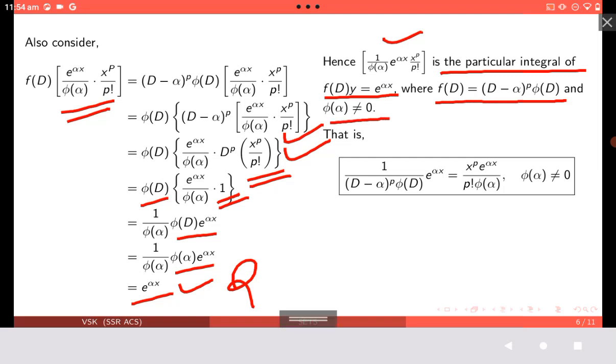That is, we can take this as a formula: if f(D) is written like this, 1 upon (D minus alpha) to the power p phi D, e to the power alpha x becomes x to the power p e to the power alpha x upon factorial p into phi alpha, where phi alpha is not equal to 0. So this is the explanation of the method. Now we'll see some examples.